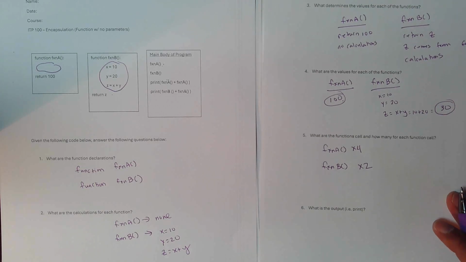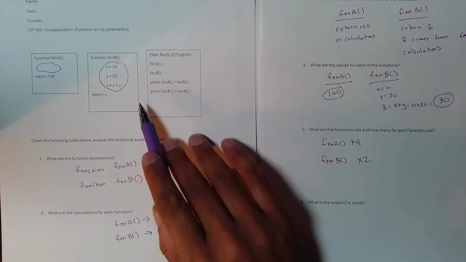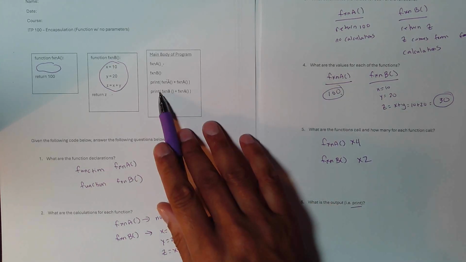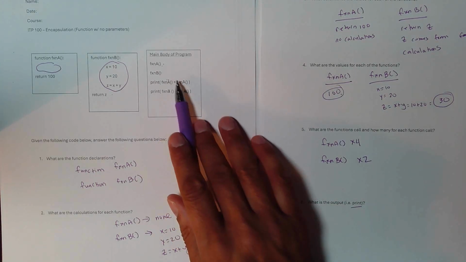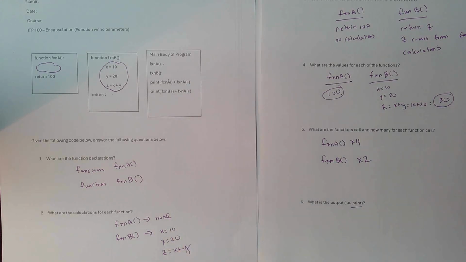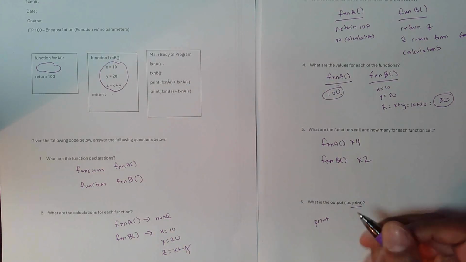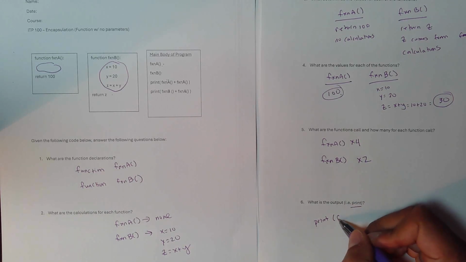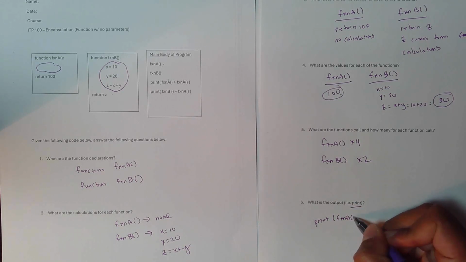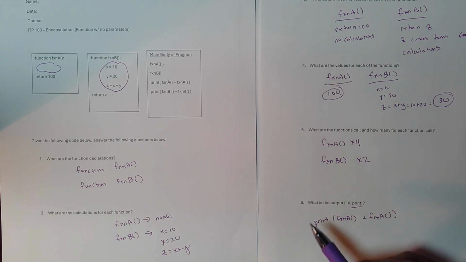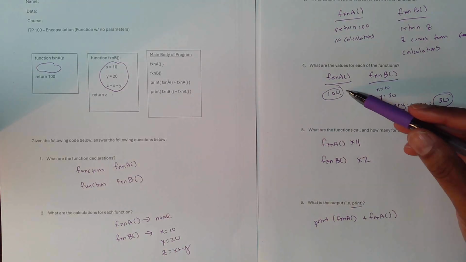What is the output? When you look at the output, I'm only looking at print. So this is my print. I'm printing function A plus function A, which is 100 and 100.